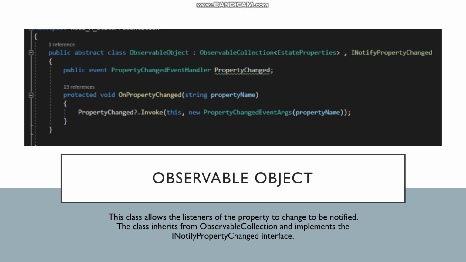The application also includes observable object. Observable object implements the INotifyPropertyChanged interface. This is important to the application because it allows the listeners of observable collection to be notified when the properties are changed.